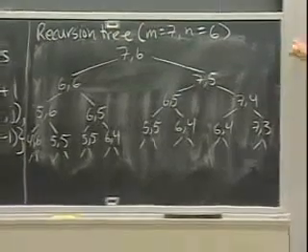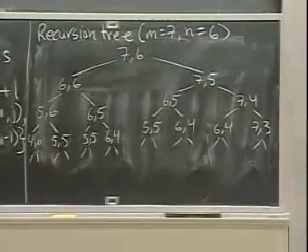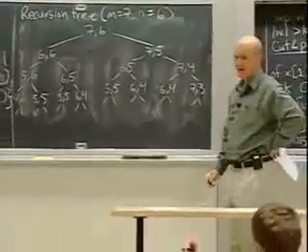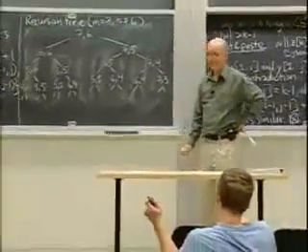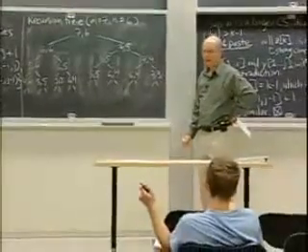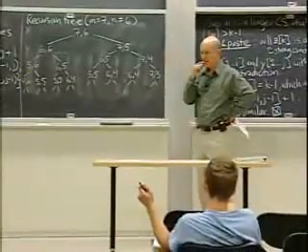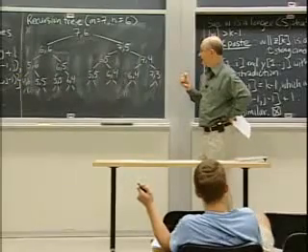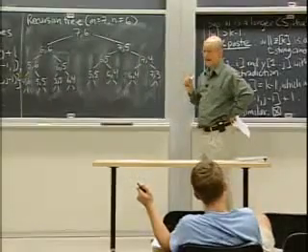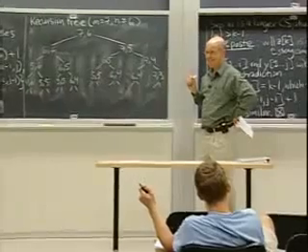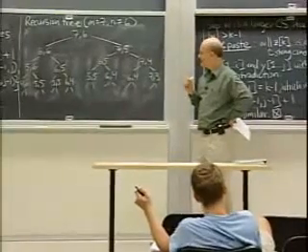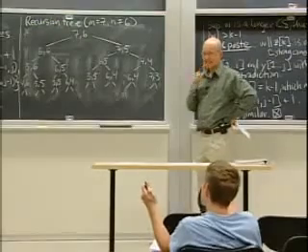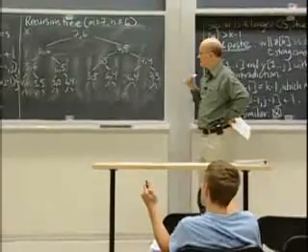So what's the height of this tree? Not of this one for the particular value of m and n, but in terms of m and n. What's the height of this tree? Yeah, max of m and n. You've got the right idea, it's theta of the max, plus 1. It's not the max.